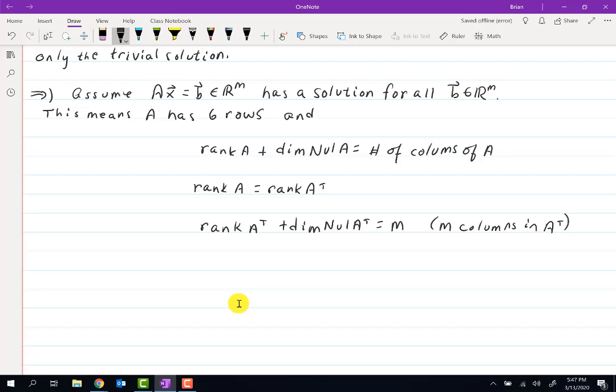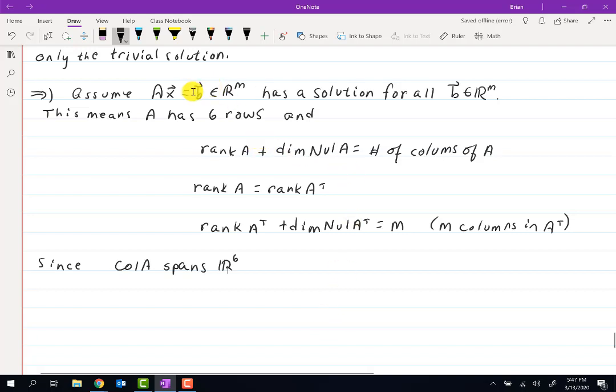Well, if it has a solution for all B in R^m, then the column space of A spans R^m, that's what this means.